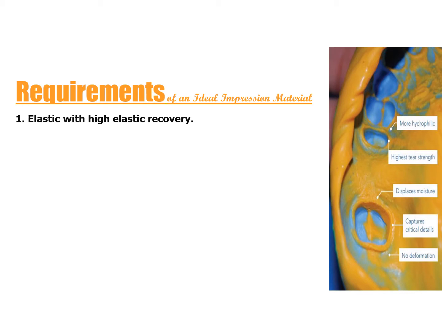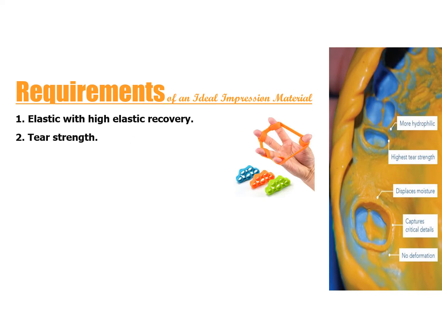Meanwhile, an impression material should have high elastic recovery so that it will regain its original dimensions after removal from the undercut areas. An impression material should have adequate strength to resist breakage or tearing on removal from the patient's mouth, the so-called tear strength.